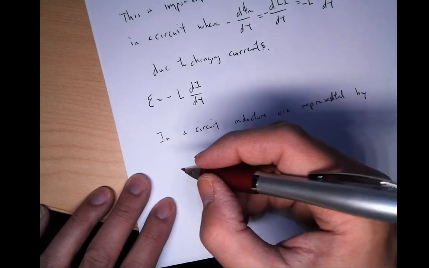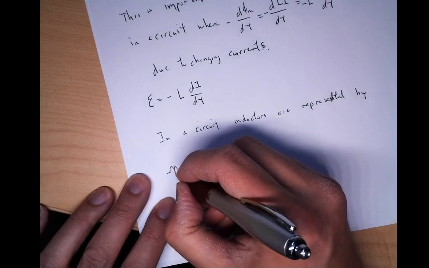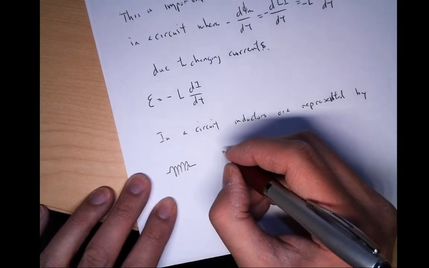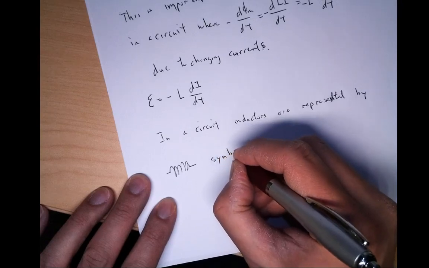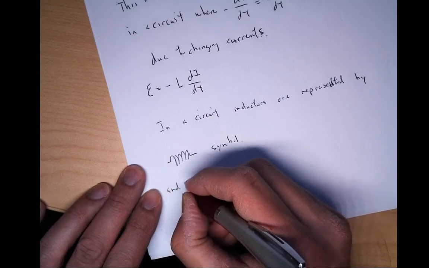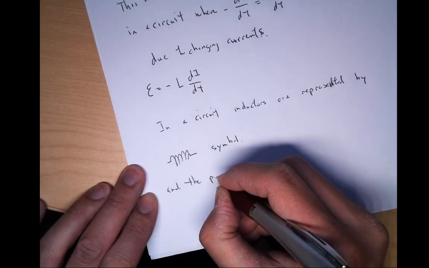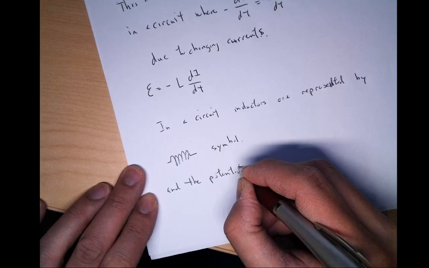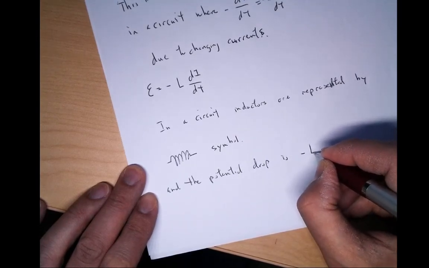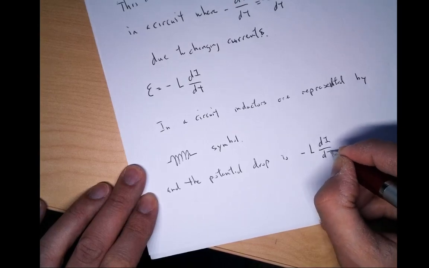by a symbol. This is a symbol. It looks like a squiggly thing. It's just a bunch of coils put together, right? And the potential drop is basically minus L di dt.